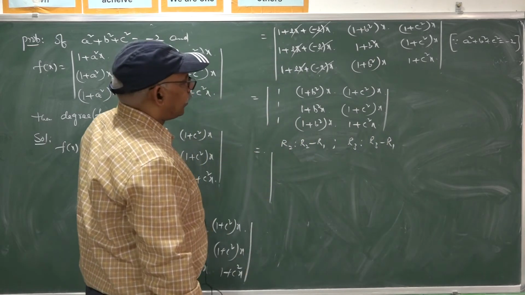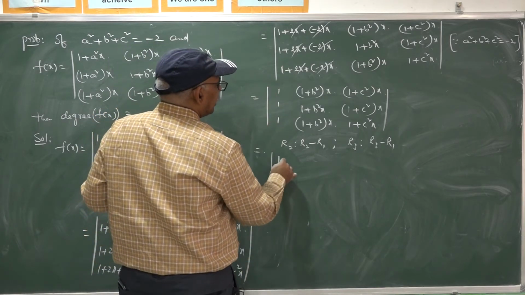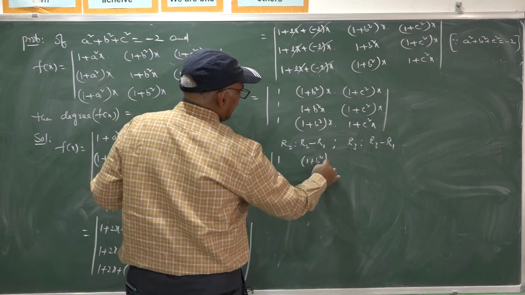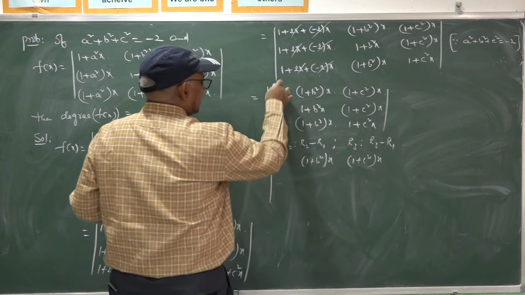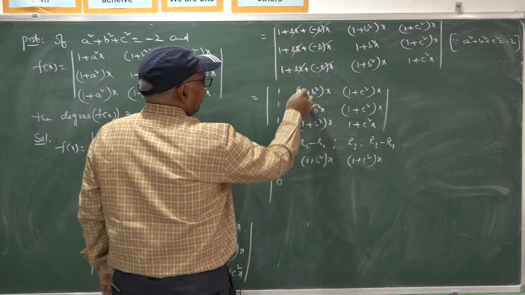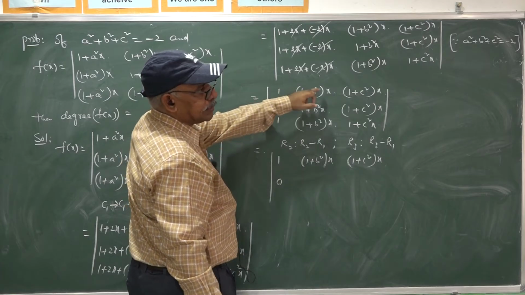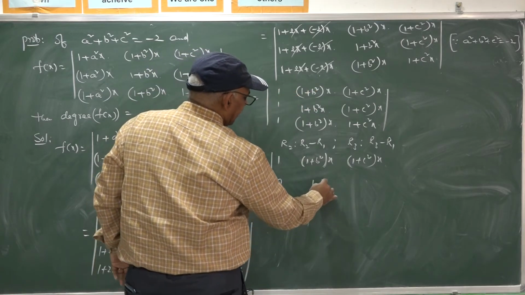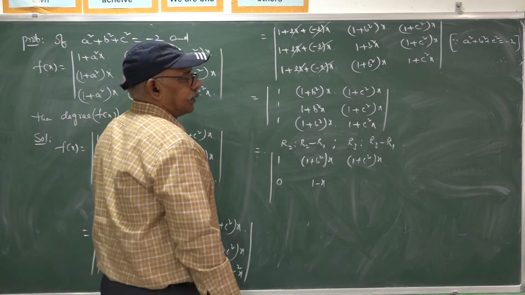Row wise, I am taking row wise. R2 minus R1 becomes, the first row elements are unaffected. The second row becomes R2 minus R1, that is 0, 1 plus b square x minus b square, hence we get 1 minus x. B square x gets cancelled.